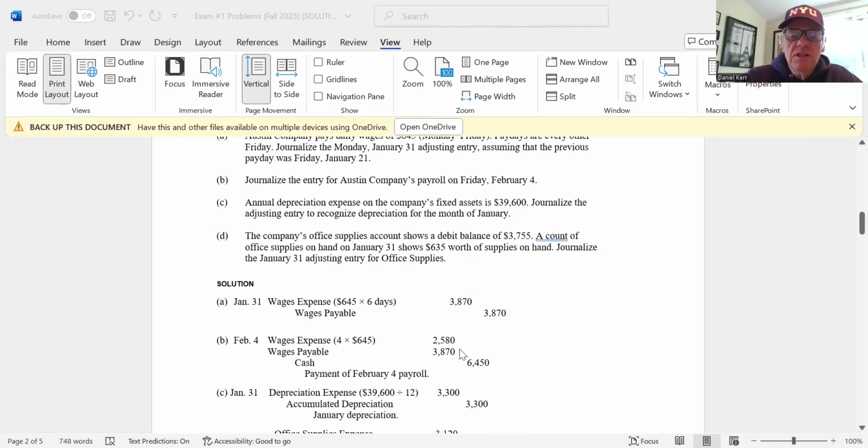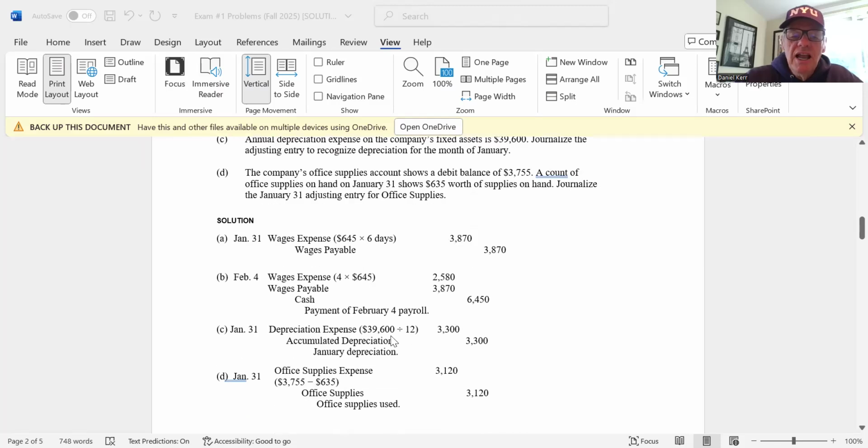You also debit the amount of the accrual you set up on January 31st. You're paying $6,450, but of that amount, $3,870 was for the previous month, January, and the rest is the February expense. So when you make the salary payment, you've got to allocate it between wages payable and wages expense.